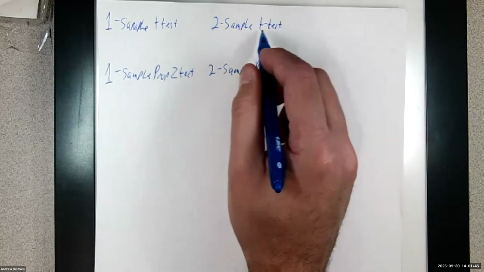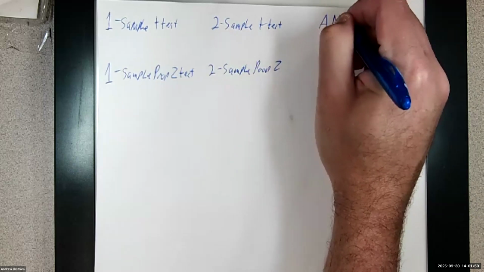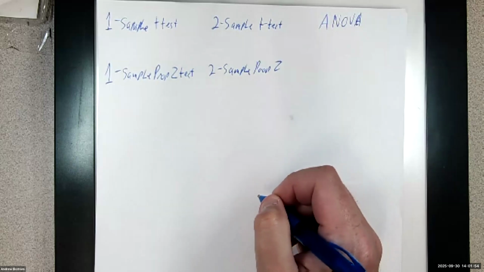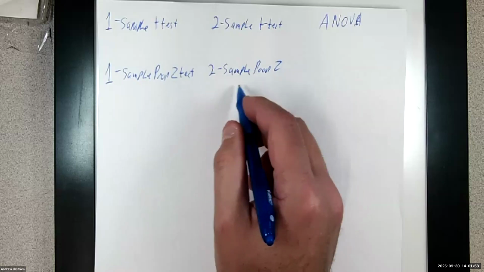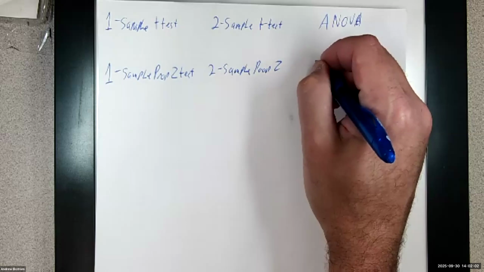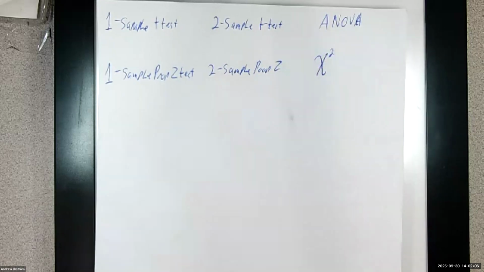And then if we continue on with this pattern, and we're going to get to this after the first exam, we can talk about ANOVA. If we continue on with the two sample or with the proportions and all that, we get into chi-squared. And if you're in a fraternity or sorority, you know that that's a chi, right?